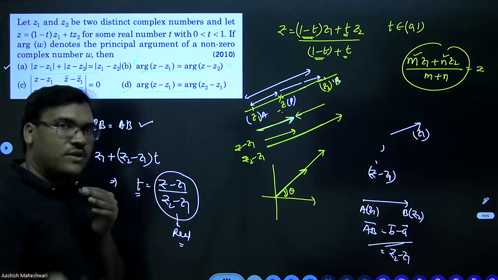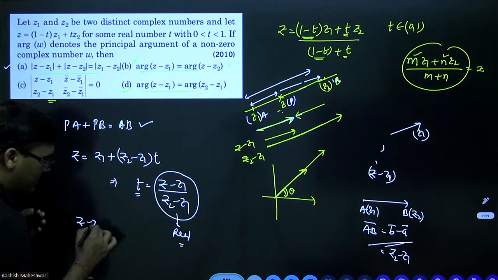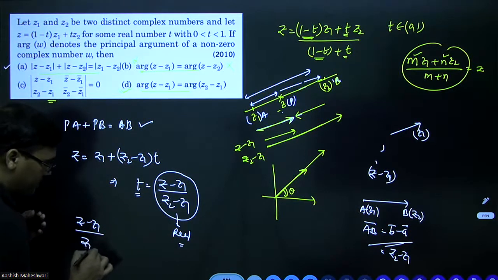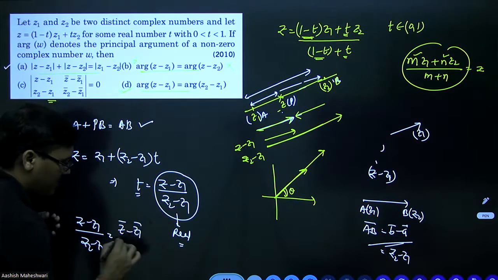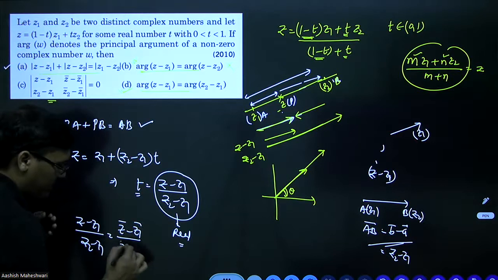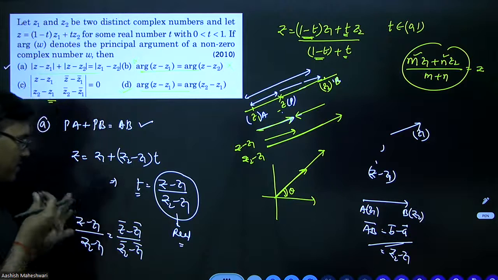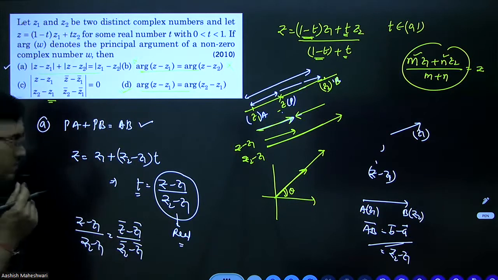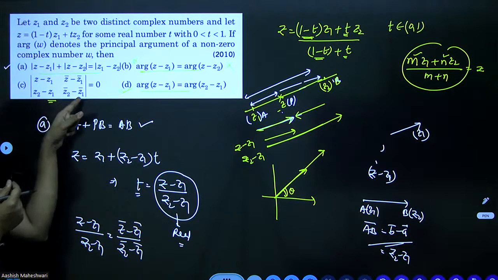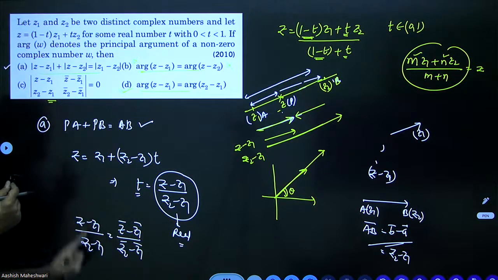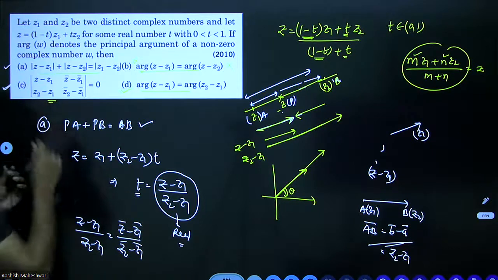Z should be equal to Z conjugate. मतलब अगर ये real है तो this is Z minus Z1 divided by Z2 minus Z1 should be equal to Z conjugate minus Z1 conjugate divided by Z2 conjugate minus Z1 conjugate. क्या कर दिया हमने? दोनों के conjugate को बराबर कर दिया. So now if you arrange this, you can see this is Z minus Z1, Z2 conjugate minus Z1 conjugate. Cross multiply minus this. So that means option C is also the correct answer.